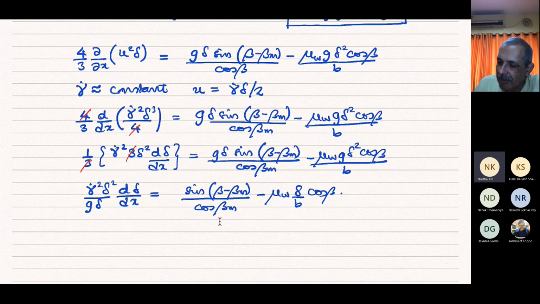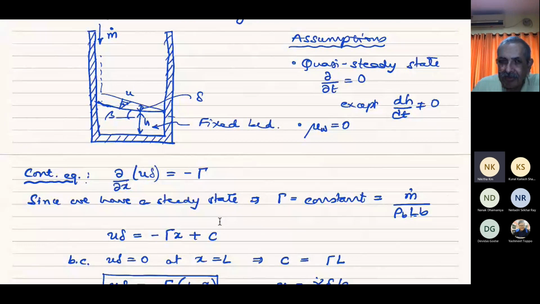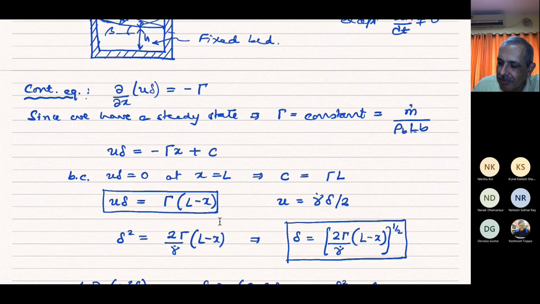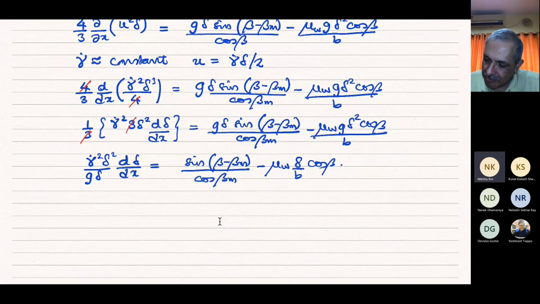I know. I'm going to sort of leave it in there. Maybe I'm going to just remove this assumption for the time being, because instead of taking mu w to be 0 and then integrating everything with respect to x, what I'm doing here is I'm taking gamma dot to be almost constant. So that simplification I'm using.